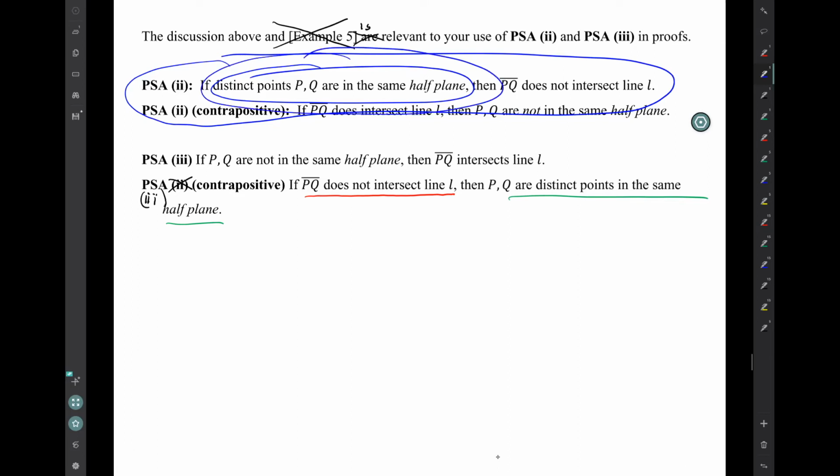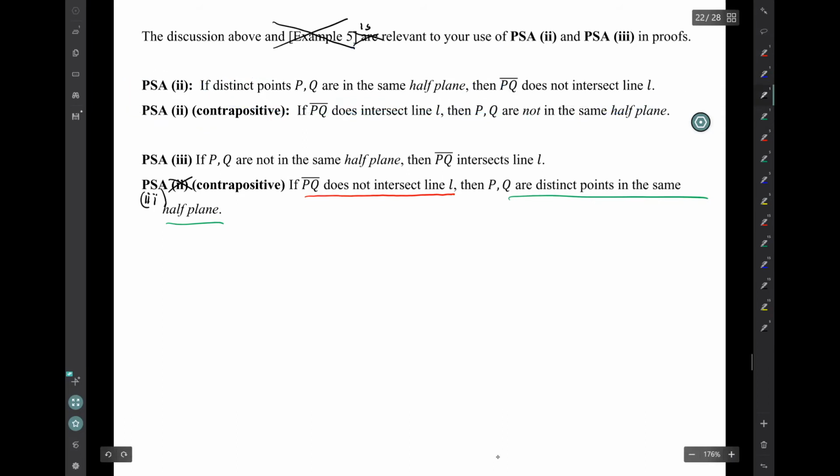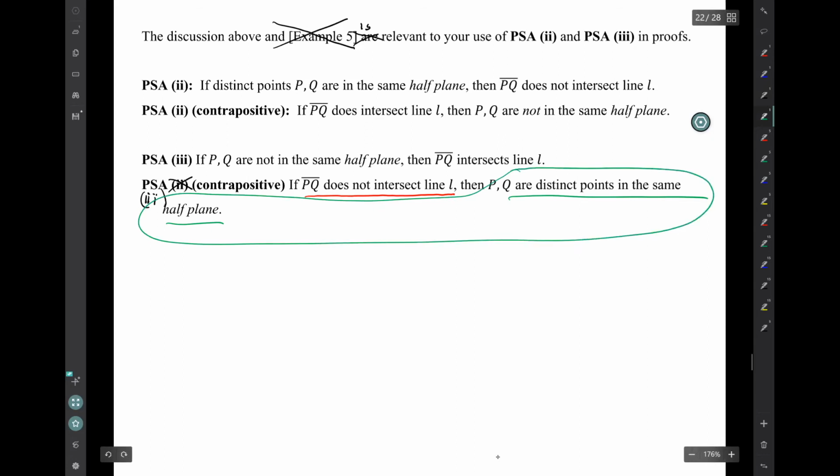But that's not the axiom that we want to use, because that axiom is for the situation where you already know that points are in the same half plane. It tells you in that situation something that we didn't really care about. So since our goal is to prove that the points P and Q are in the same half plane, we have to use PSA 3 contrapositive.